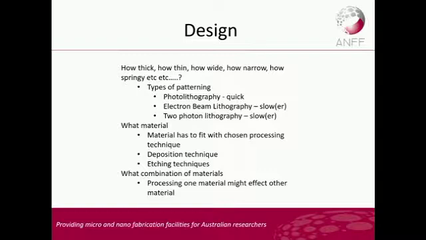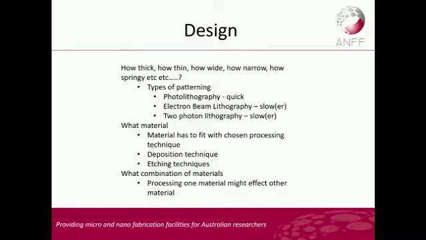Okay, so things to consider. There's many, many things to consider, but once you've spoken to us, we need to start considering things like how wide, how thick, how thin, whatever the layer needs to be, the type of patterning you're going to do. Photolithography is quick and easy, but it only goes down to sort of 1 micron, 2 microns.